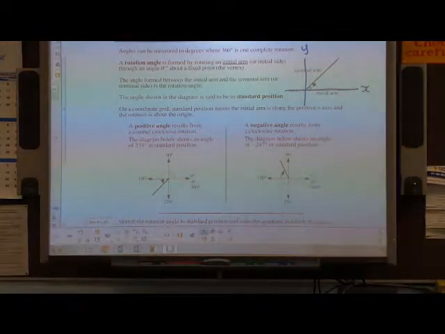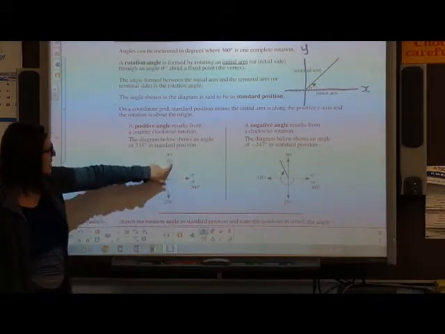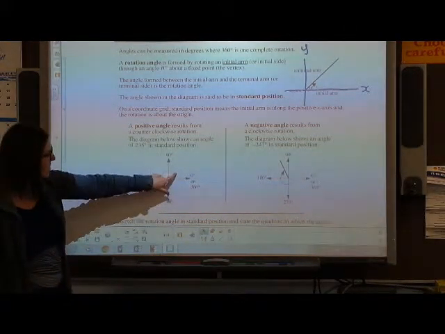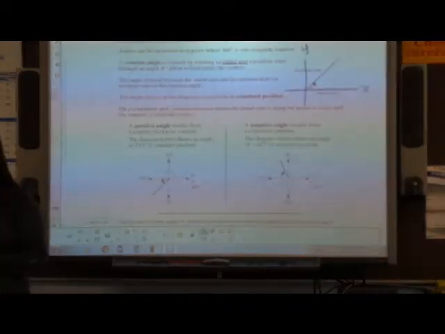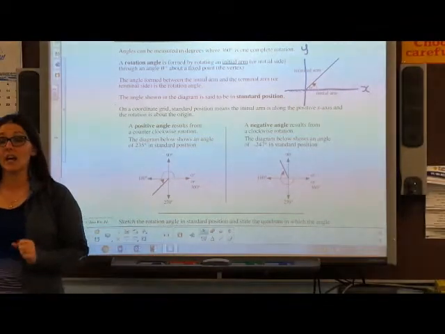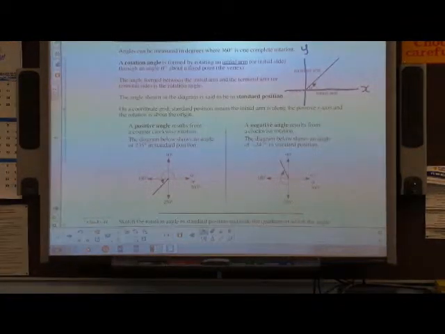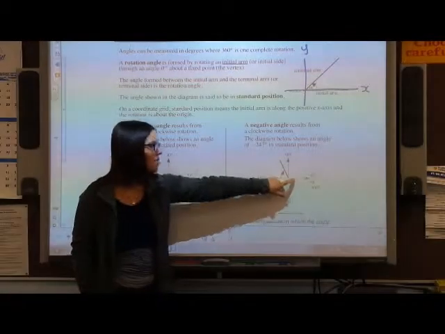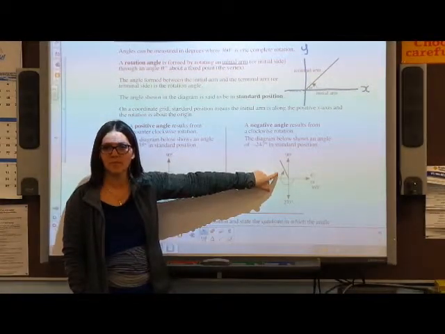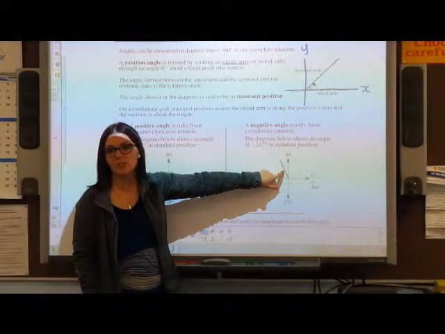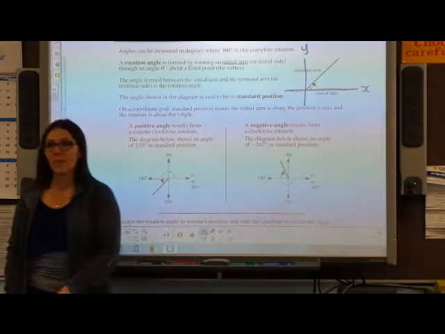On the coordinate grid, a positive angle is when I go in a counterclockwise rotation. So this diagram right here would show me a 235-degree angle. If I decided that I want to go clockwise because that's the way my watch goes, my angle is negative. So this angle measurement right here would be negative 247 degrees.